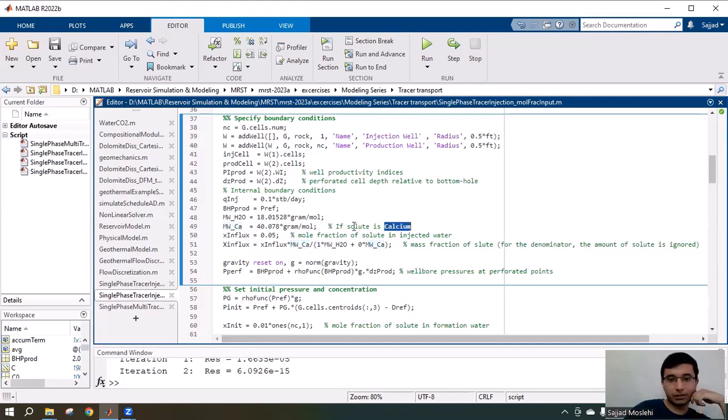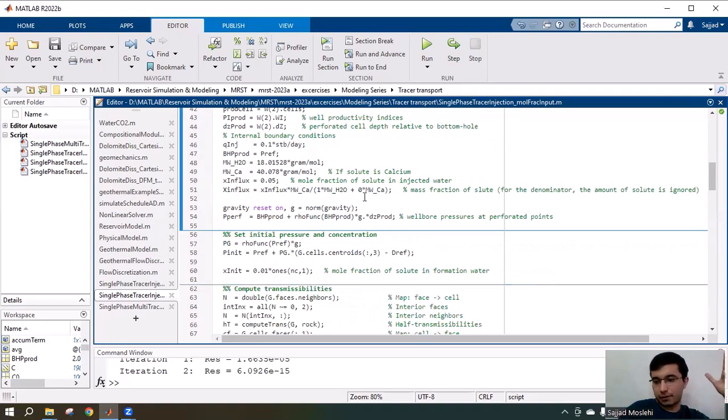I consider that we have calcium, and the calcium molecular weight is 40.078 grams per mole, over the total mass. But I have ignored the presence of calcium in the water, though you could use it. For the denominator, I consider that there's no calcium in it. Very good.